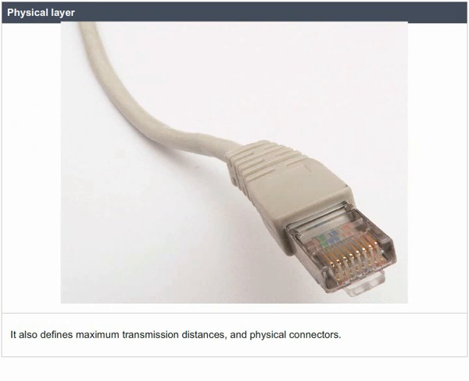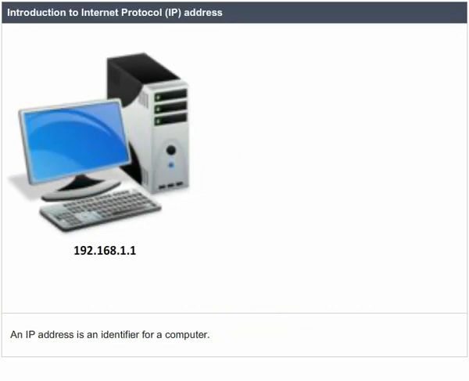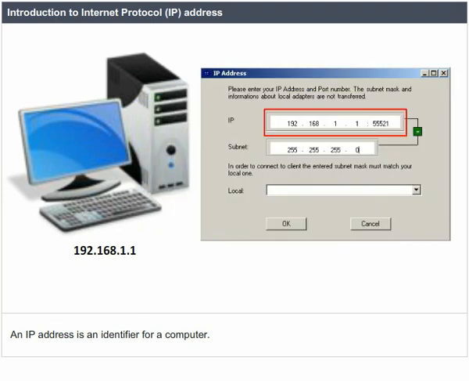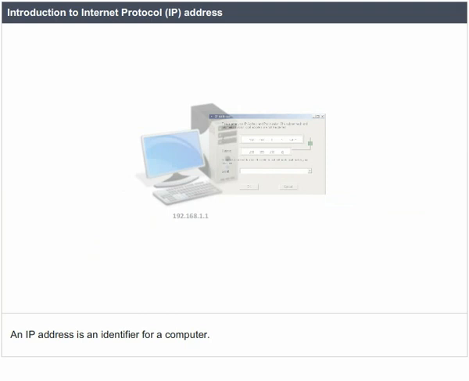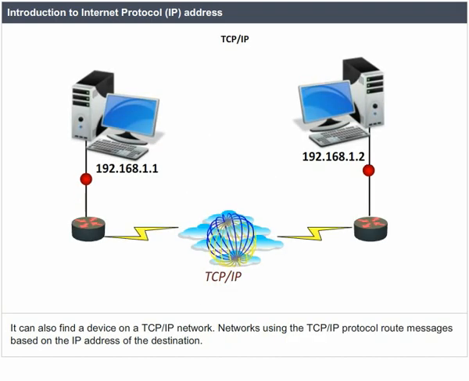Introduction to Internet Protocol Address. An IP address is an identifier for a computer. It can also find a device on a TCP/IP network. Networks using TCP/IP protocol route messages based on the IP address of the destination.